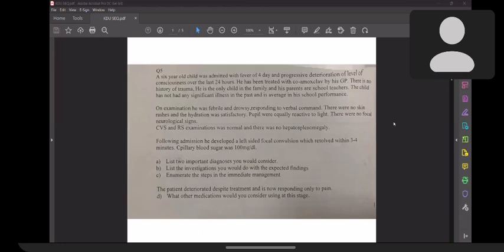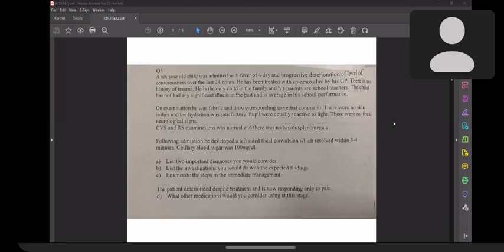So you will not get any marks for talking about management of a convulsion here, right? If at all, I would write just one sentence, because they have already said it has now resolved. It has come and gone. So you don't have to talk about management of a convulsion when it has already resolved, right? And the capillary blood sugar is 100 milligrams.